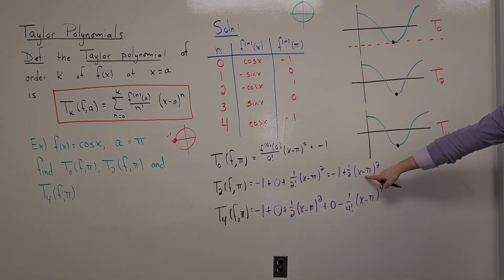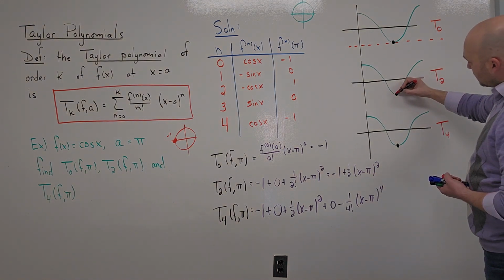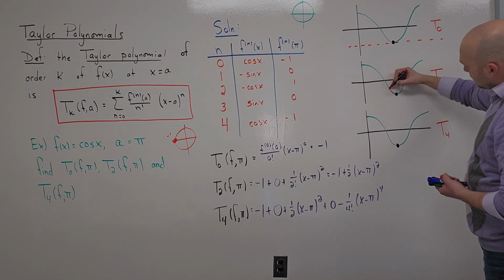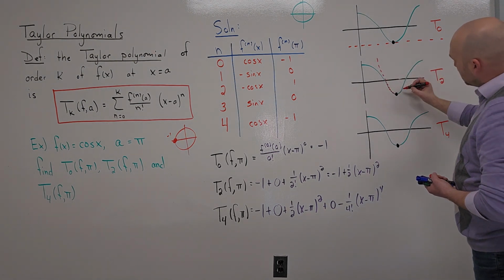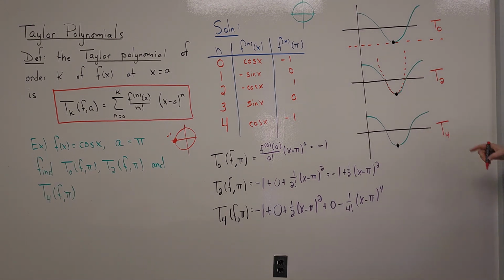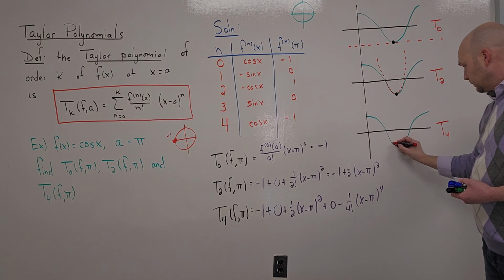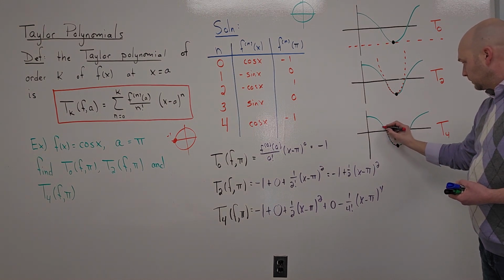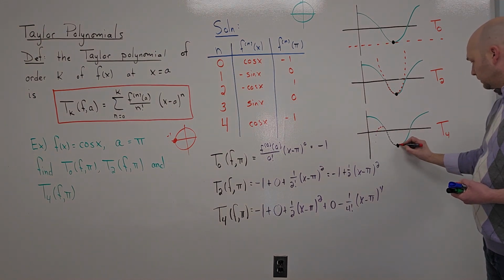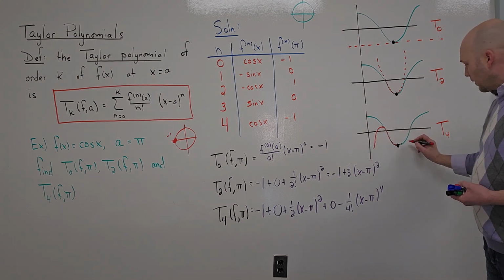This quadratic right here for T2 would look like this. Then T4. Actually, let me do those as a solid line, maybe thinking it'll show better on screen.